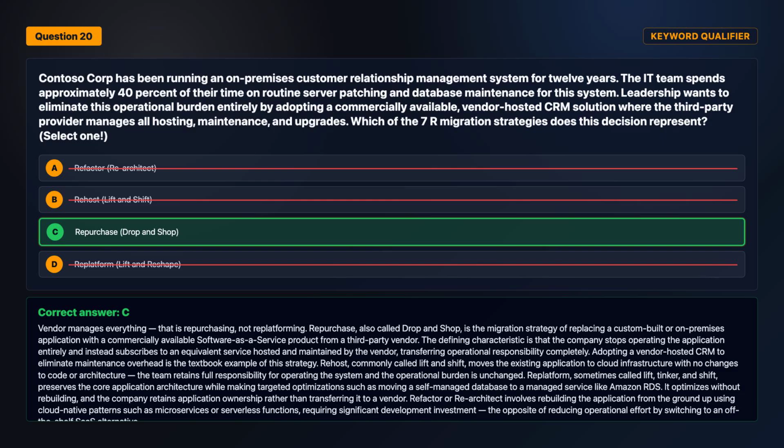It optimizes without rebuilding, and the company retains application ownership rather than transferring it to a vendor. Refactor or re-architect involves rebuilding the application from the ground up, using cloud-native patterns such as microservices or serverless functions, requiring significant development investment, the opposite of reducing operational effort by switching to an off-the-shelf SaaS alternative.